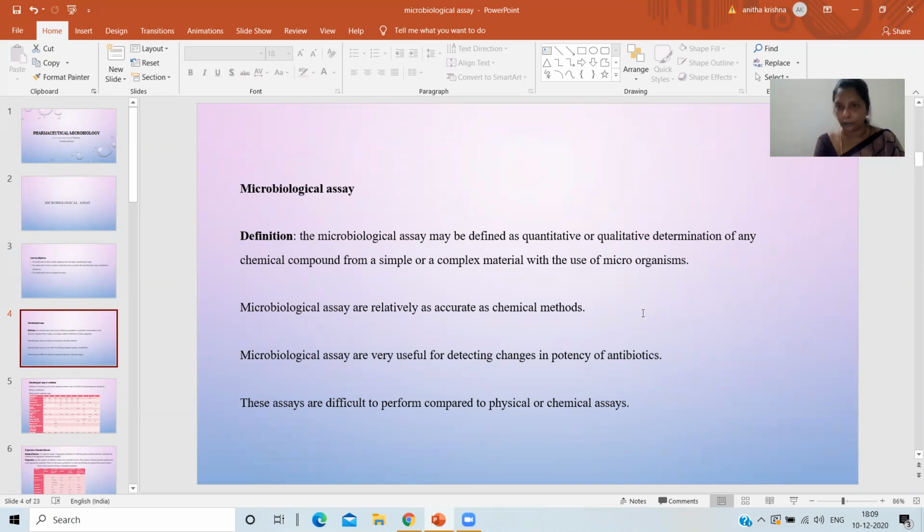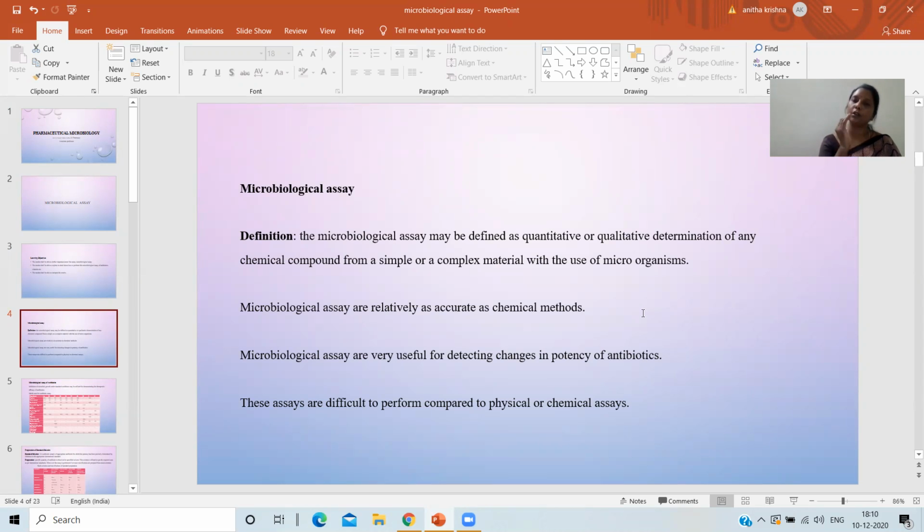Qualitative physical and chemical assay methods can determine the quantity or quality of a clinically employed therapeutic agent. But some therapeutic agents have the capacity to inhibit the growth of microorganisms, like your antibiotics, and some have the capacity of supporting the growth of microorganisms, like your vitamins and amino acids. These kinds of agents should be assayed by using microbiological assays.